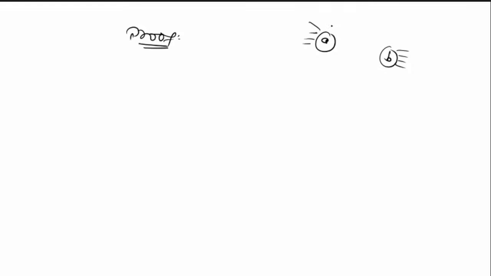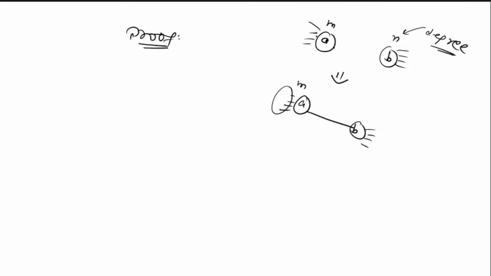Assume that the degree of vertex A is M, and the degree of vertex B is N. Now I connect A and B. All the things are the same, but I am putting an additional edge between A and B. Already the degree of vertex A was M, meaning there were M edges incident on A, and N edges on B, by the definition of degree.